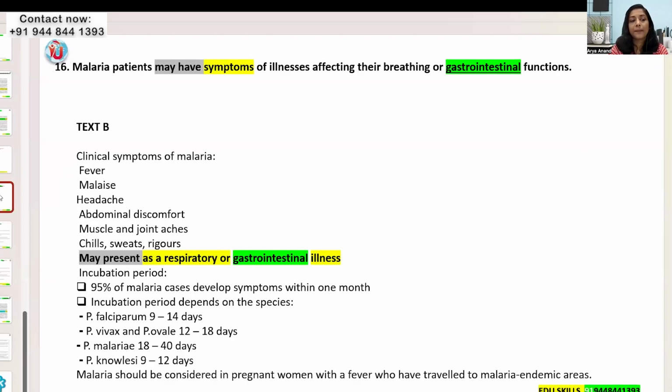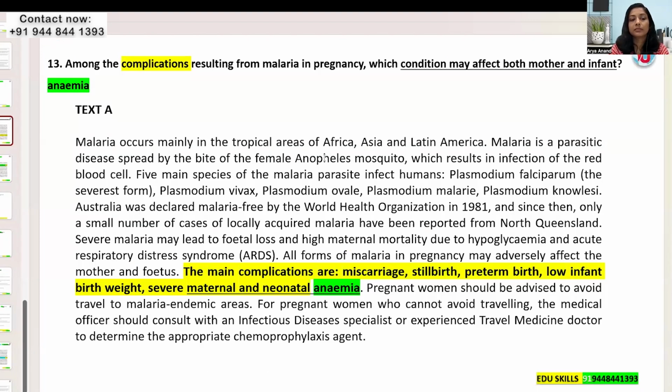Ma'am, I have a question regarding question number 13. Can we move to that slide from text A? Among the complications resulting from malaria in pregnancy, which condition may affect both mother and infant? They asked which condition affects both mother and infant. So your doubt is here, right?